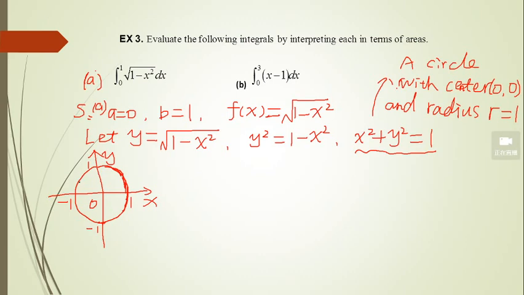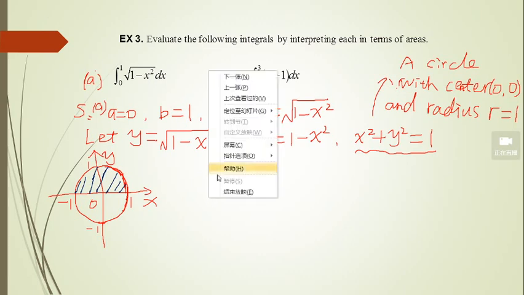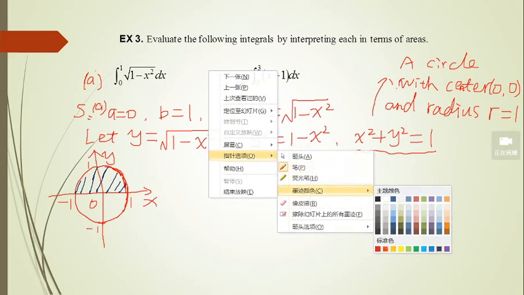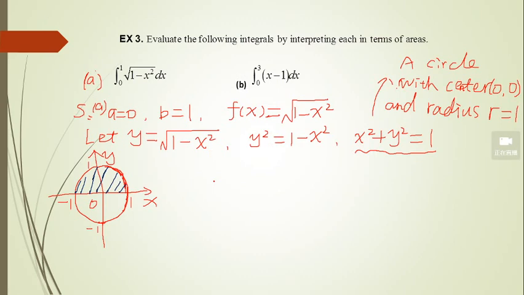So for y, we can take the half circle which gives the positive value. Now this is y. This is the region for the square root of 1 minus x squared. So this shaded region in blue is the region we are going to find.